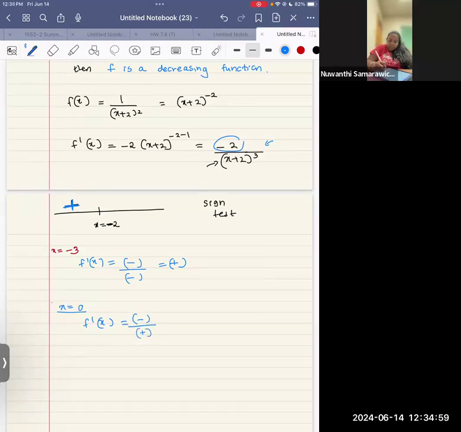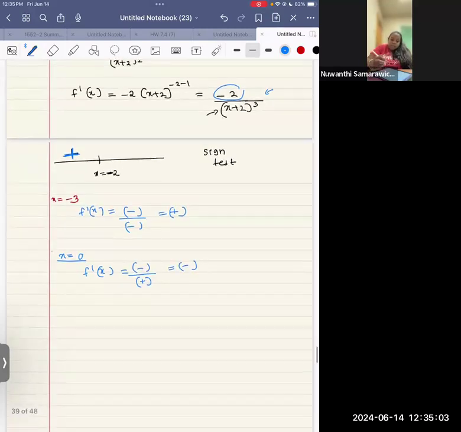Negative divided by positive is negative. So from negative 2 to positive infinity, the first derivative is negative. So f is decreasing.